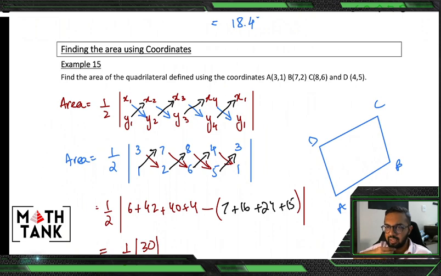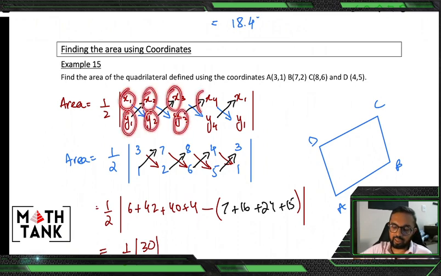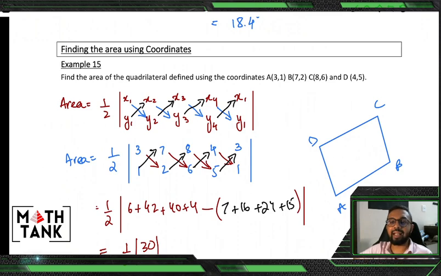What this basically does is it uses all the coordinates. So what I've done is I've written all the coordinates x1 y1, x2 y2, x3 y3, x4 y4, and then always the first coordinate repeated so that the shape completes itself. You can apply it to any shape. If it's a triangle, it's going to be x1 y1, x2 y2, x3 y3 and then x1 y1 again. In this case, I'm using it for a quadrilateral.